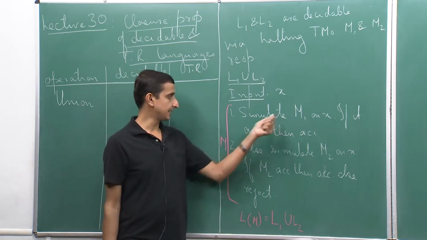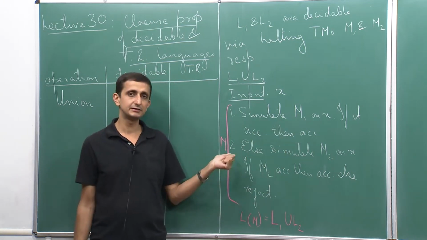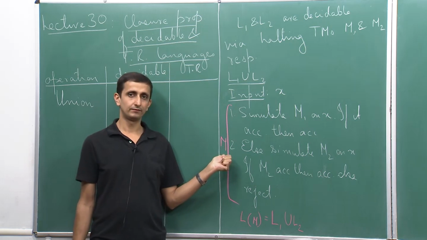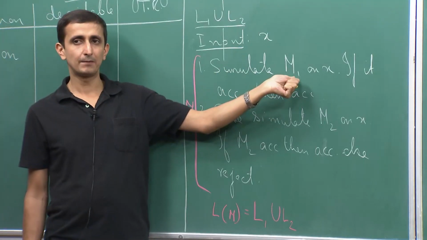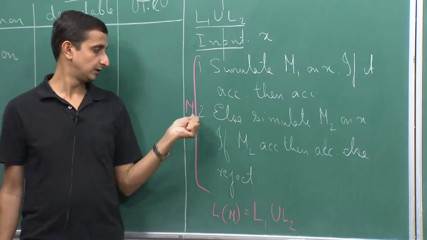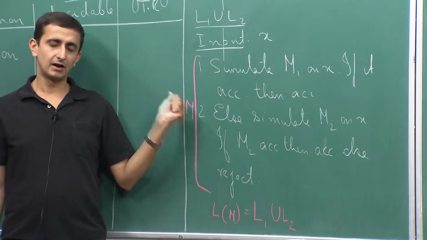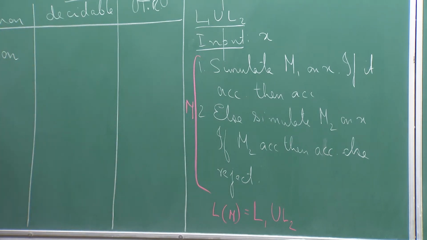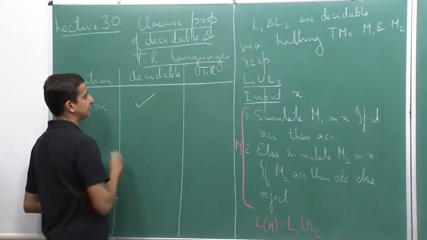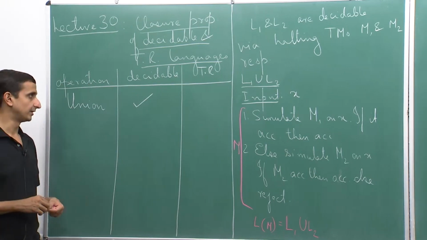Because M1 and M2 are halting, M will always halt. If x belongs to either the language of M1 or the language of M2, then M would accept it, otherwise it would reject. So this proves that decidable languages are closed under union.